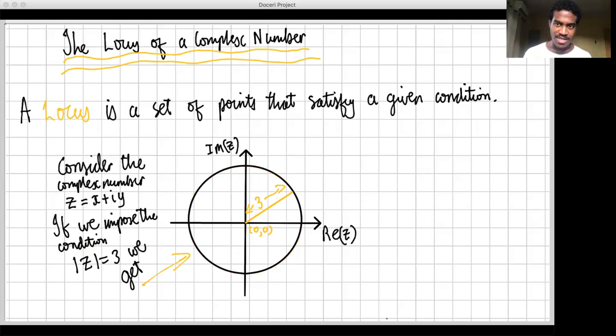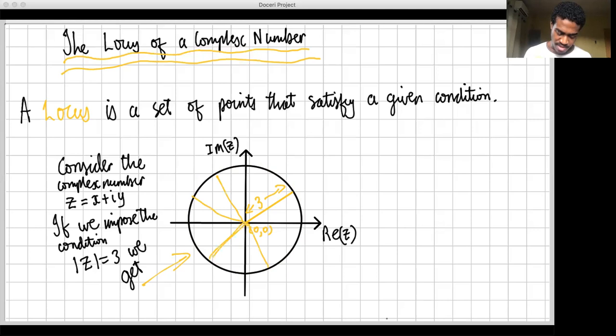So remember, we said z is equal to x plus iy. So it's all the values of x plus iy that, when you find the length of them, give you 3. So all the complex numbers that give you a length of 3, when they are joined with the origin, it will be an infinite set of complex numbers.